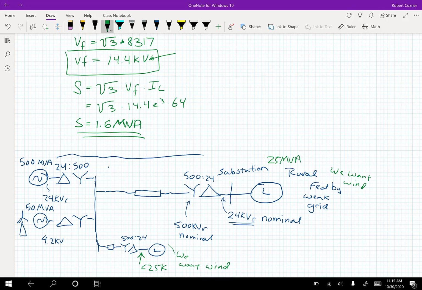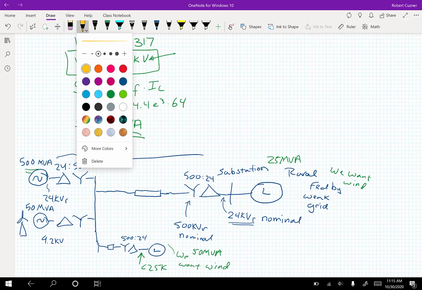And this bigger, closer in area here has more power. They're going to want to have at least 50 MVA. And of course this is way bigger, but I'm kind of setting this up for this scenario. What happens if we were going to just lose our connection to the generation?